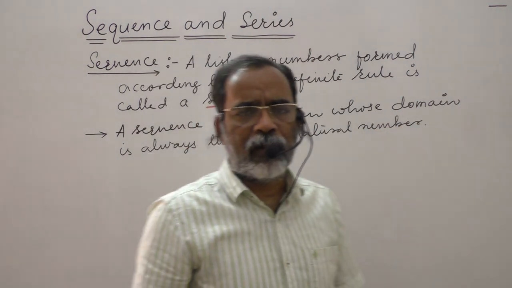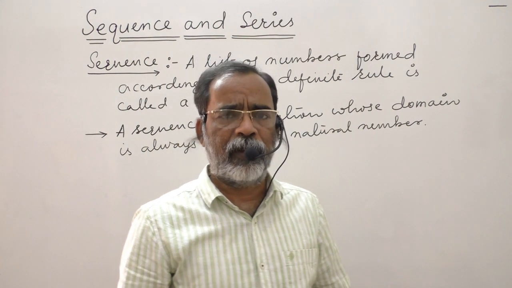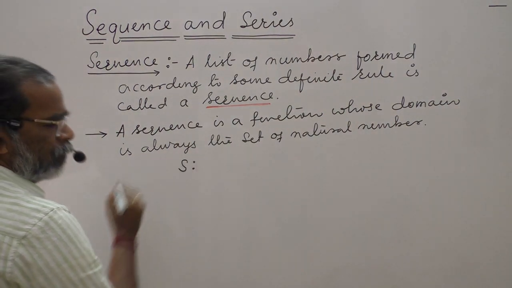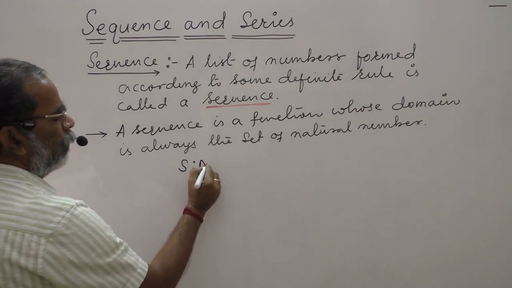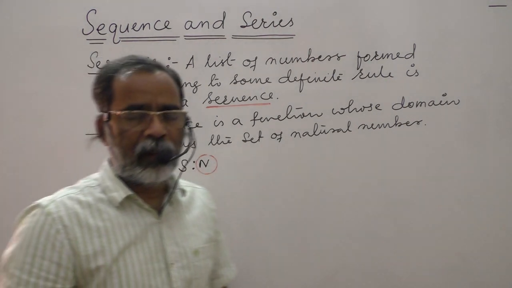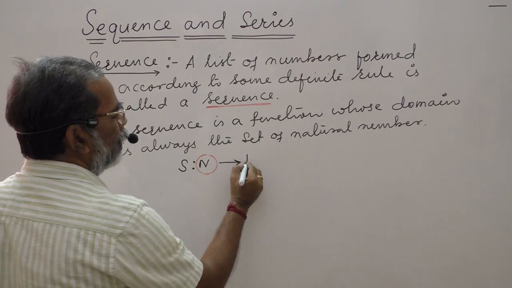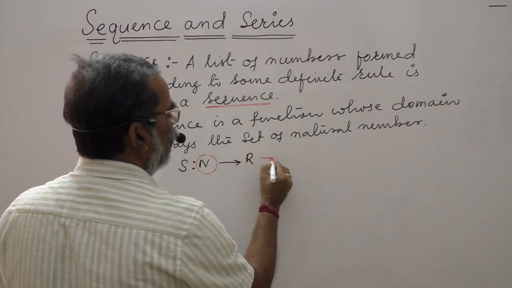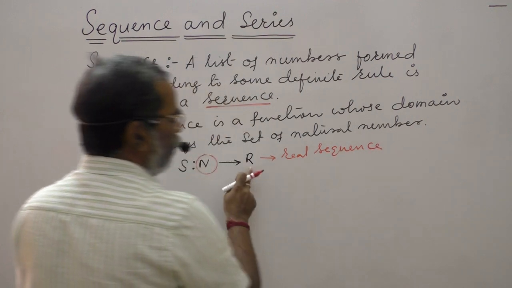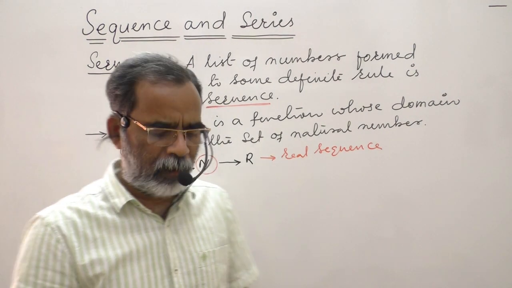A sequence is a list of numbers formed according to some definite rule, and it is always a function whose domain is N. If the range of this sequence is R, or a subset of R, then the sequence is called a real sequence.